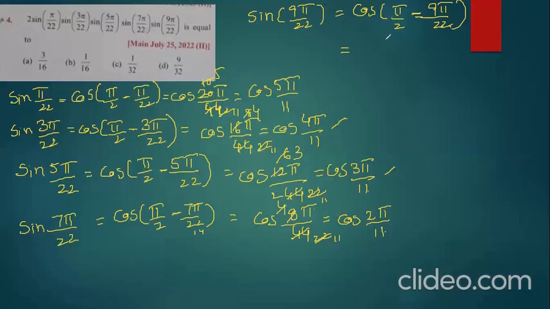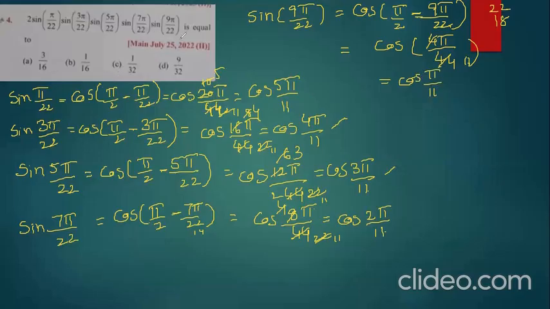So cos of pi by 2 minus 9 pi by 22, it becomes cos of 22 minus 18, which is 4 pi by 44. That is pi by 11 you are getting. Cos pi by 11. Okay. So we got like this.